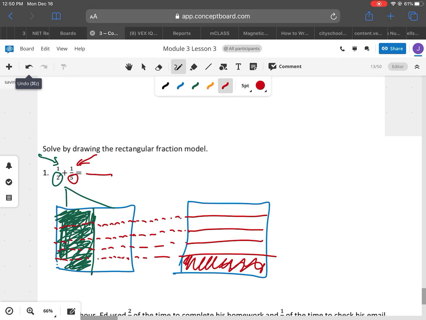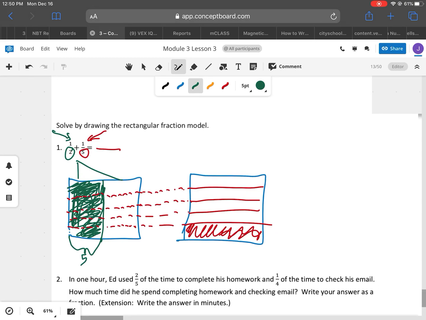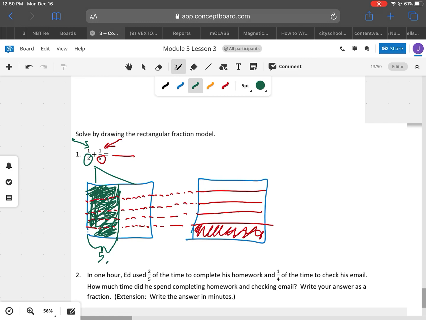All right, so my new one on this side, this used to be a half, and now it is 5/10. How do I know 5/10?